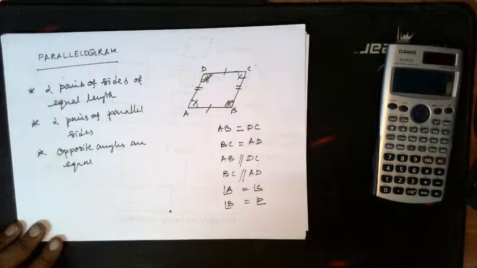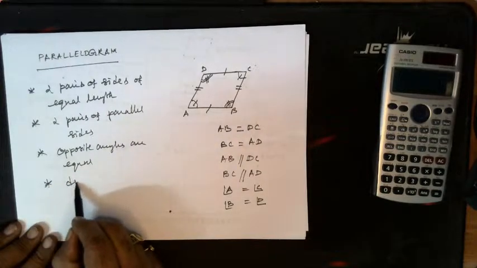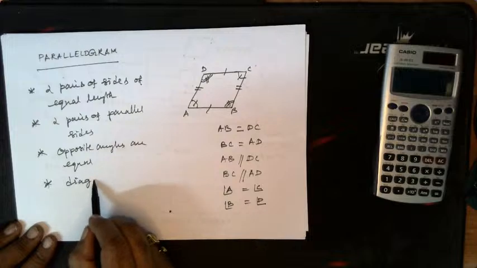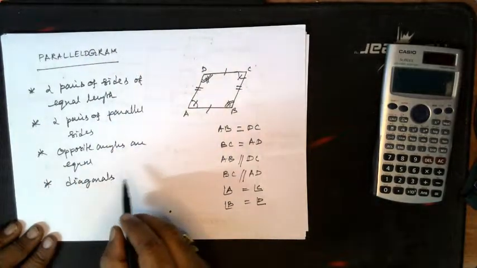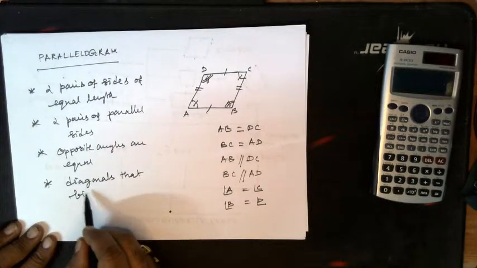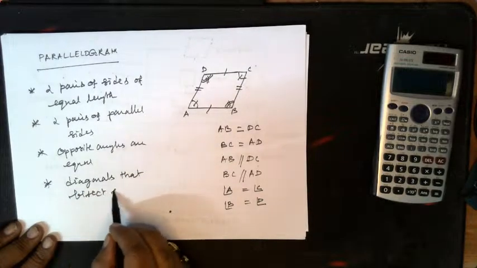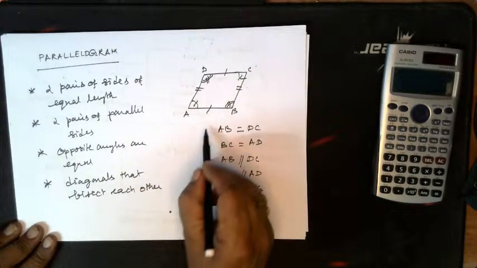Diagonals that bisect each other. So it has diagonals. What do you mean by this?